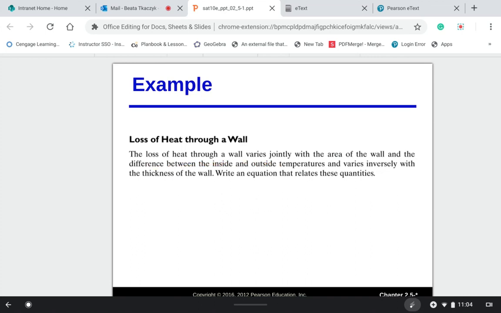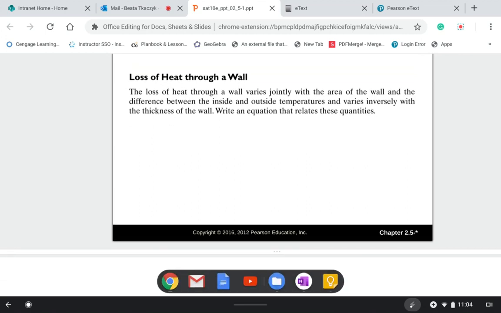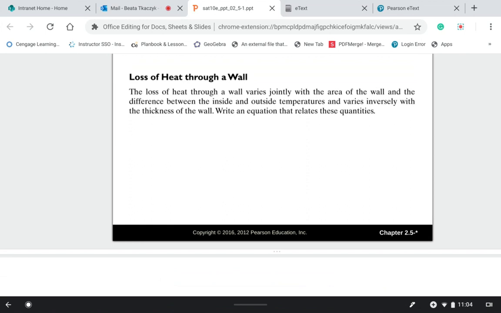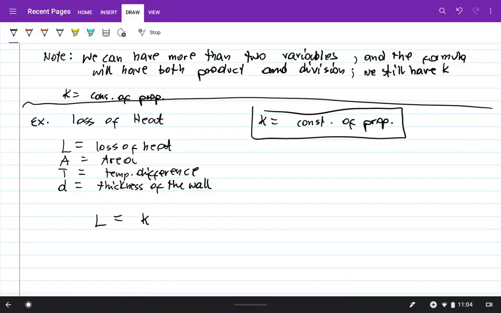So L equals K, which is the constant, always put that at the beginning, times the area and the difference of the temperature. And don't forget K, it's the constant.